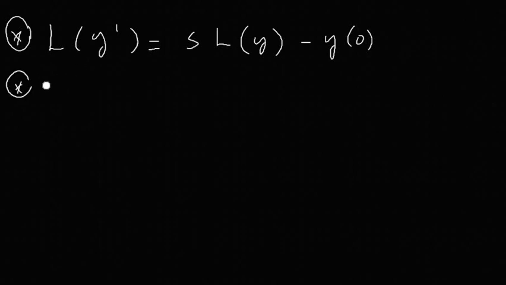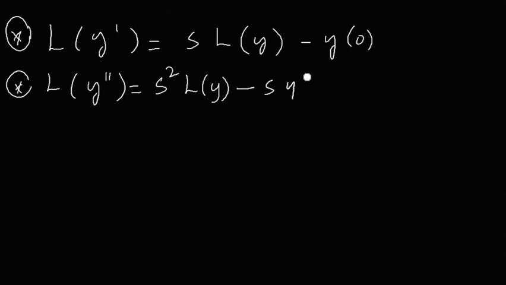Continuing this rule for the second derivative, you have to repeatedly use this rule again. So this finally comes as s square into L of y minus s into y of 0 minus y dash of 0. Now I'll tell you the trick to remember this.